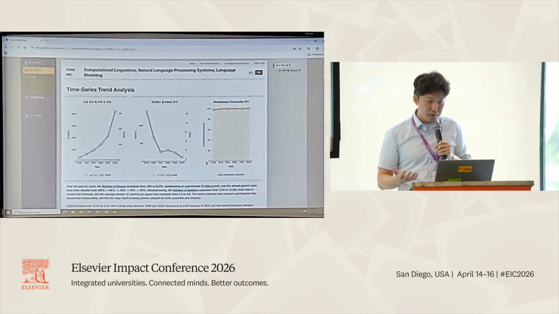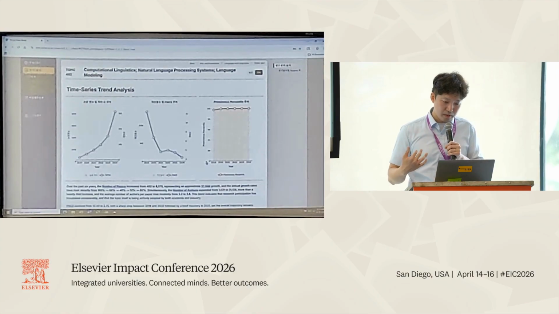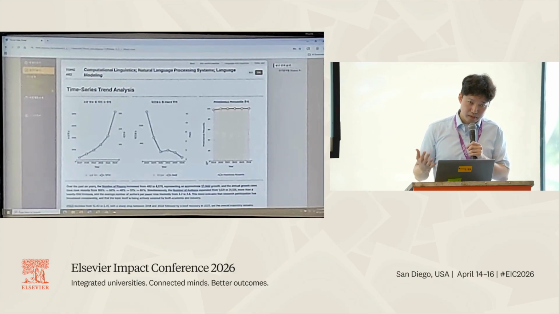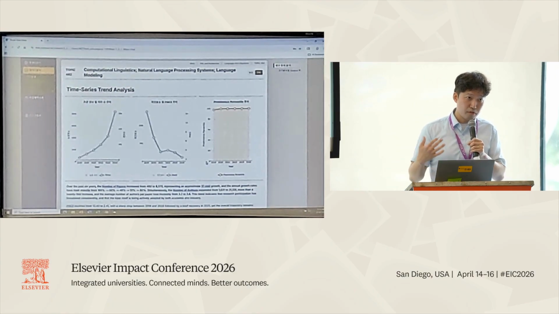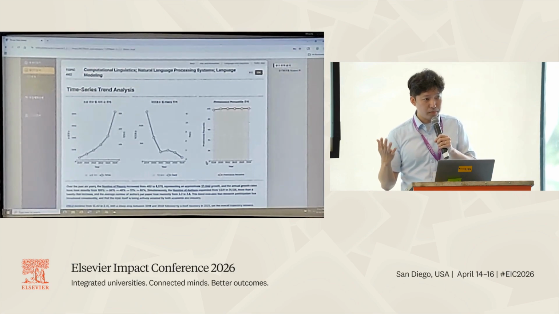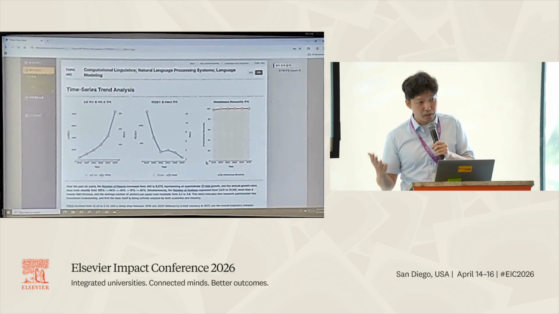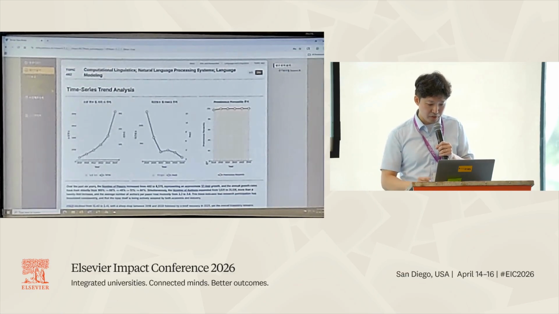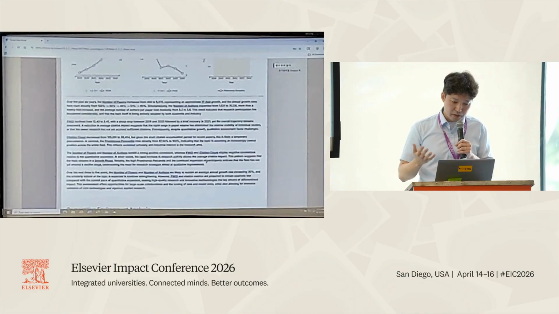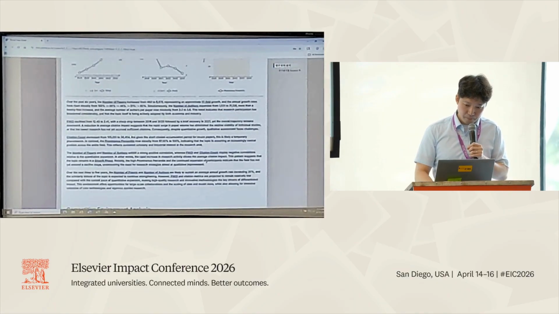And to gain a deeper understanding of our time series trend analysis, we ran the data through our locally hosted GPT OSS 120B model on our GPU server. And here is the generated analysis by AI.